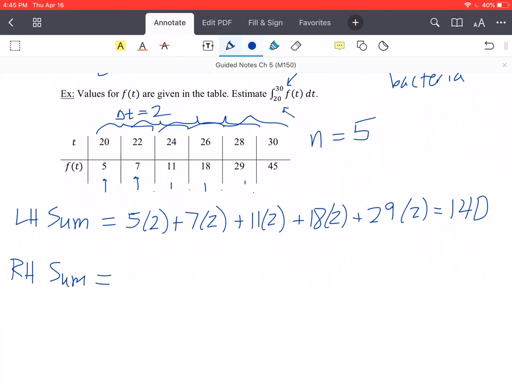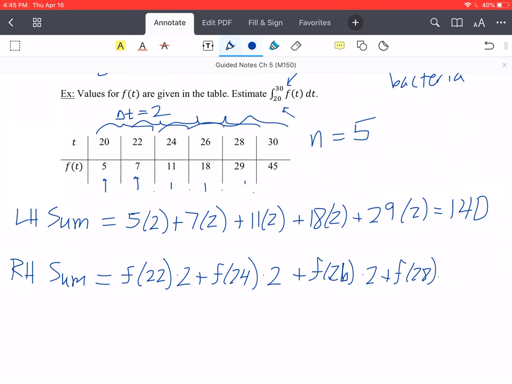So for the right-hand sum, this time we're using the right-hand endpoints of each interval. I didn't write the formal version in the first case, but let me do that now. This is going to be f of 22 times delta t plus f of 24 times delta t plus f of 26 times delta t plus f of 28 times delta t plus f of 30 times delta t.